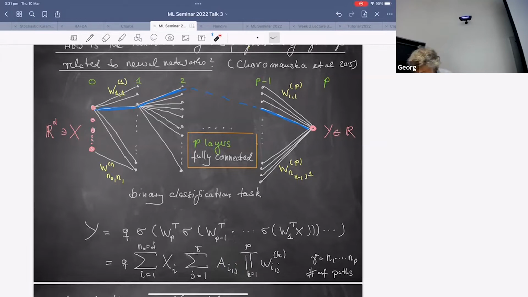Remember, i comes from wherever I start here, and j refers to the path that I'm taking through that network. On the other hand, if all the ReLU functions are active, then it's just a linear evaluation, so I can just multiply all the W's, right?